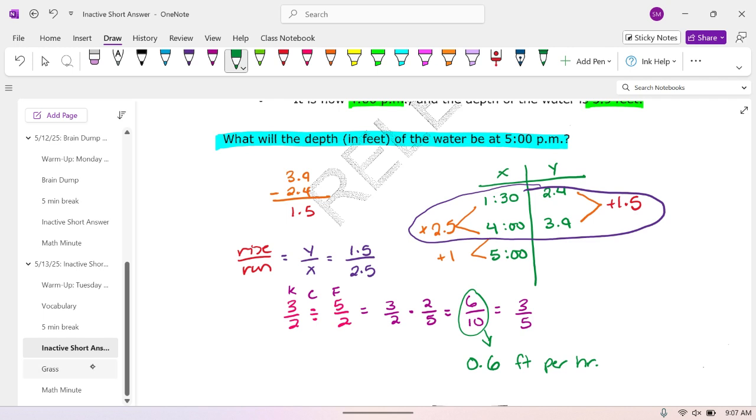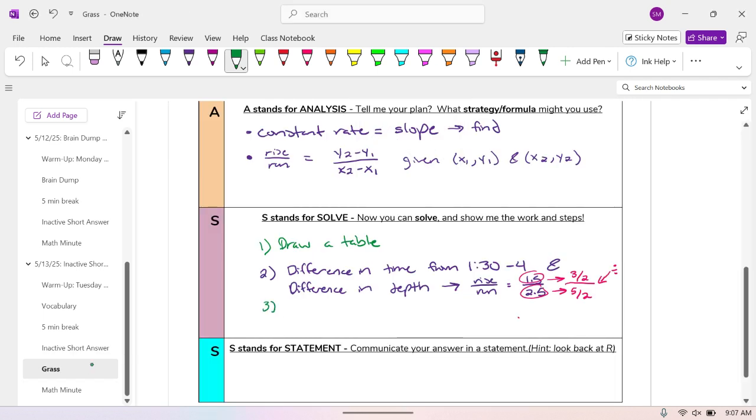All right, now that's not our answer. So we just found out that the rate is 0.6 feet per hour. So we know that between 4 and 5, there's only 1 hour between them. So what do you think I'm going to do to get my answer? Add 0.6 to 3.9.